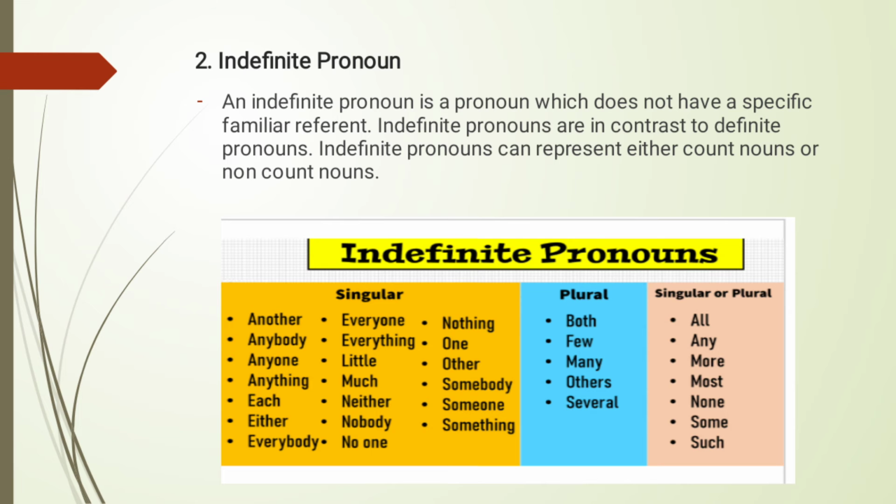Okay? So, the indefinite pronouns any, anyone, anybody, anything, or anywhere are used in questions and negative sentences. For example, I don't have anything to eat. Is there anything to eat? So, those examples are indefinite pronouns of any, anyone, anybody, anything, or anywhere.